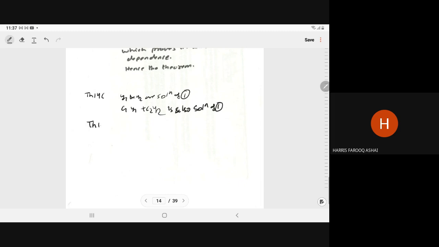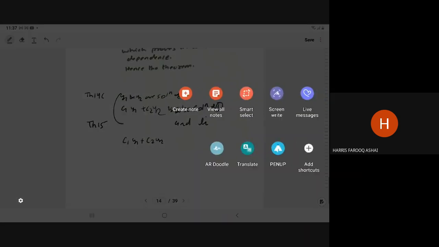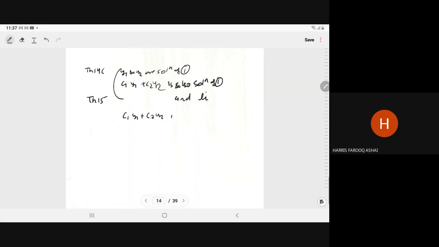Theorem 15a: if y1 and y2 are solutions and LI, then C1 y1 plus C2 y2 is the general solution. That is theorem 15. And sir, that general solution we require for writing yg plus yp. Yes, theorem 14c is for homogeneous, right? Both are for homogeneous.